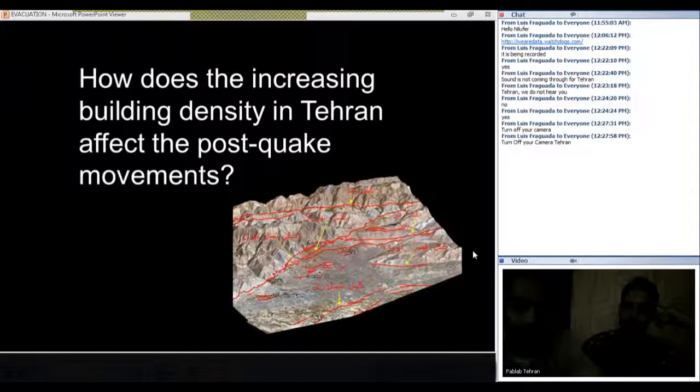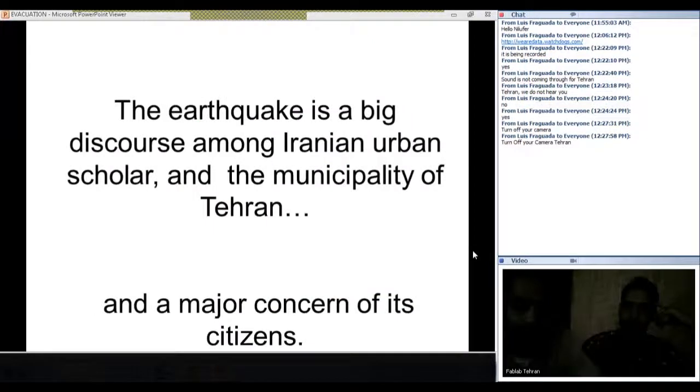So what happens when the expected earthquake finally hits the city? It's a major topic, a big topic among university scholars, the municipality officials, the government officers, and of course, it's a major concern of every citizen of Tehran.